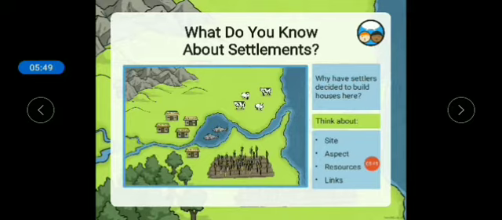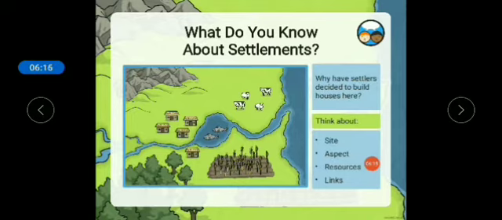Or could it be because of links? When we talk about links, we talk about the chains of transportation, or the means of transportation, maybe the road. Could it be that there are enough good roads in that area? Or could it be that there's a nearby airport, or maybe a river that people can travel through using canoes or ships or boats?